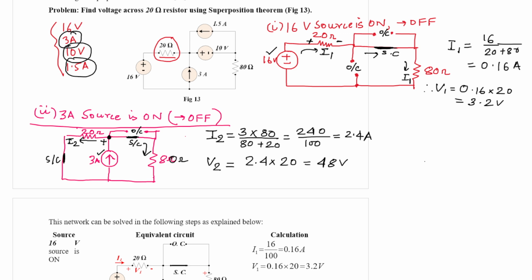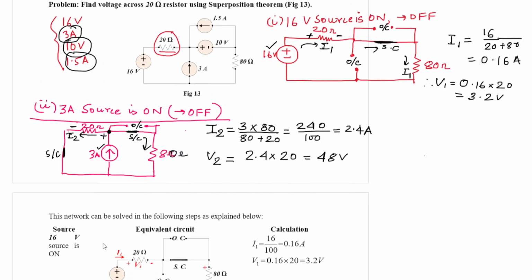The right hand side is plus, left hand side is minus, because current is flowing from right hand side to left hand side. It is very important. When you add all the responses at the end, these polarities should come in picture. This is the solution for 3 ampere current source.